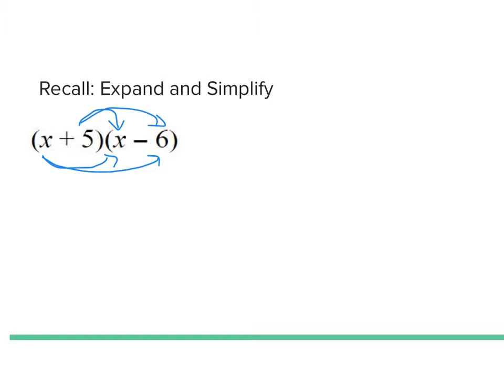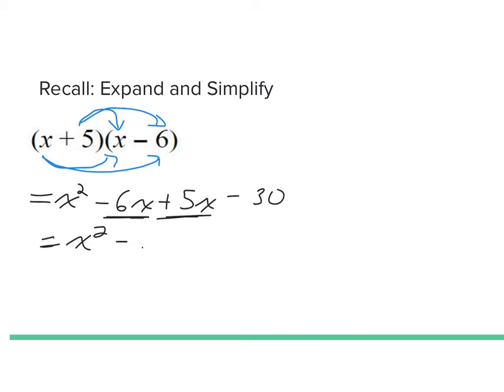So essentially, we would end up with x squared minus 6x plus 5x minus 30. And then quite often, these middle terms will collect and we get x squared minus x, or 1x, minus 30.